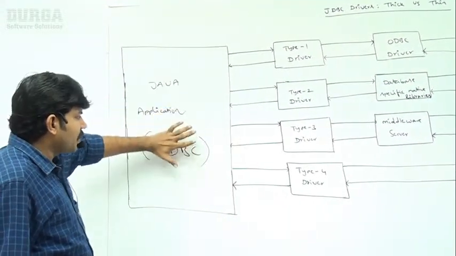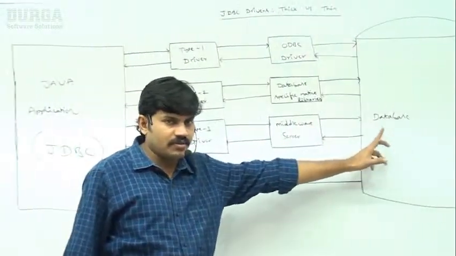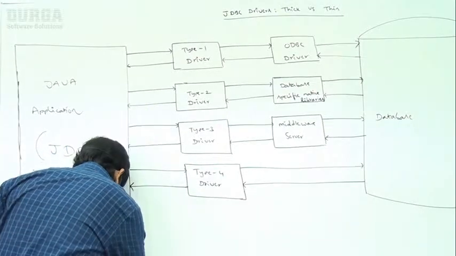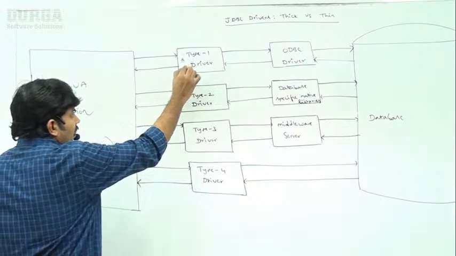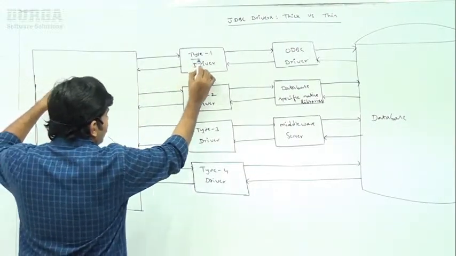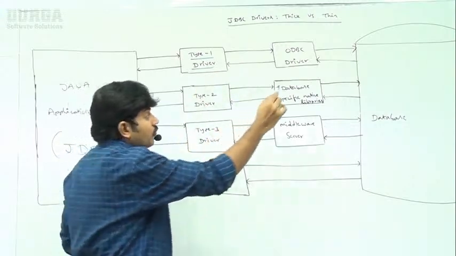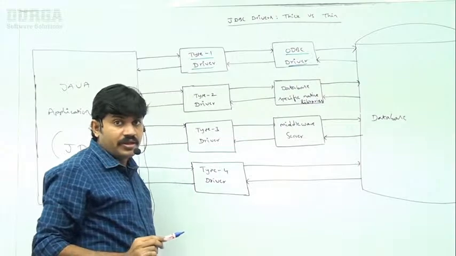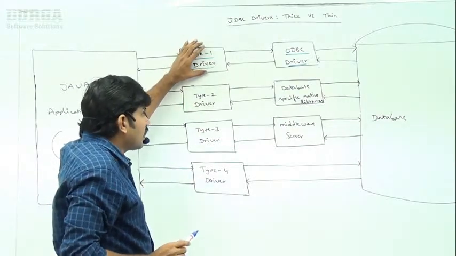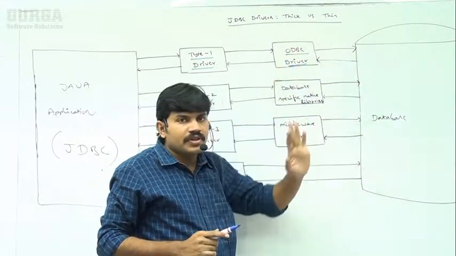Sir, this is the Java application which internally uses JDBC. This is my database. Observe that this itself is my database, right? Now, if it is a type 1 driver, the Java application communicates with the type 1 driver. Type 1 driver communicates with the ODBC driver, which is going to communicate with the database. Are you getting? So, type 1 driver requires ODBC driver to communicate with the database.